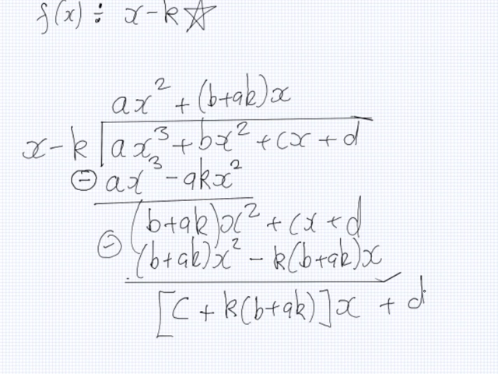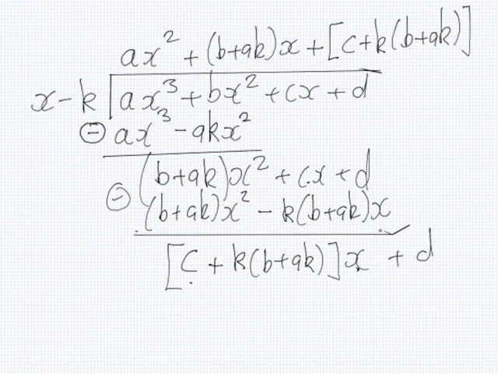What happened to the cx? There's the c there. It was this with the x taken out. Oh, okay. Yeah. Now the good news is there's only one left to do. So the last one will be plus (c plus k(b plus ak)), close bracket. Now, I know that looks quite messy, but at least it's the last one.